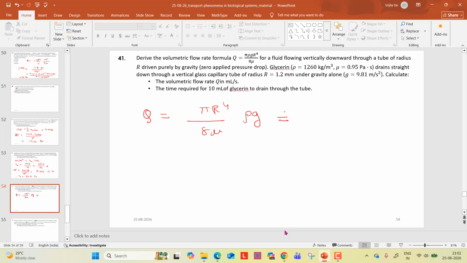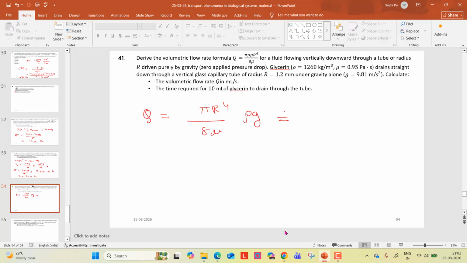So 3.14 into R is 1.2 millimeter to the power 4, so it is 0.0012 to the power 4 into rho is 1260 into G is 9.81, divided by 8 into mu is 0.95.